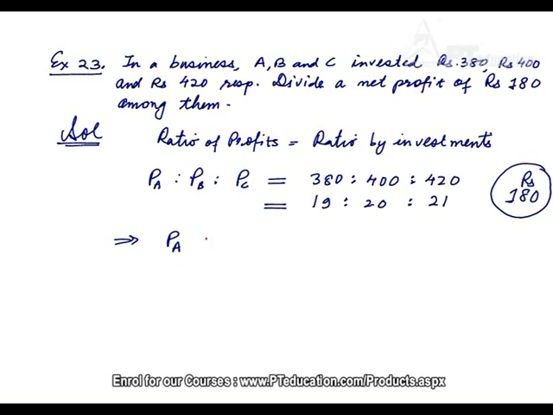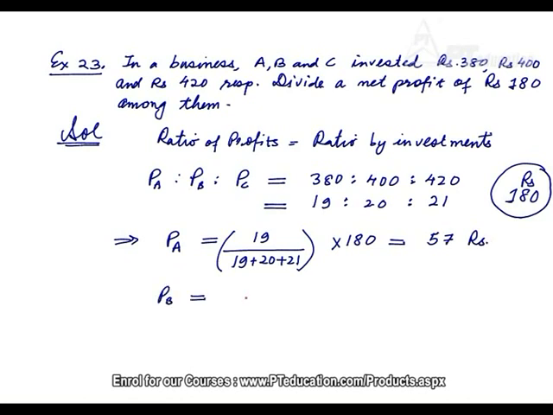So the profit of A obviously will be 19 upon 19 plus 20 plus 21 into 180 rupees, which will be 57 rupees. Similarly, the profit of B will be 20 upon 60 into 180. 60 is the sum of 19 plus 20 plus 21. That into 180 will actually be rupees 60.